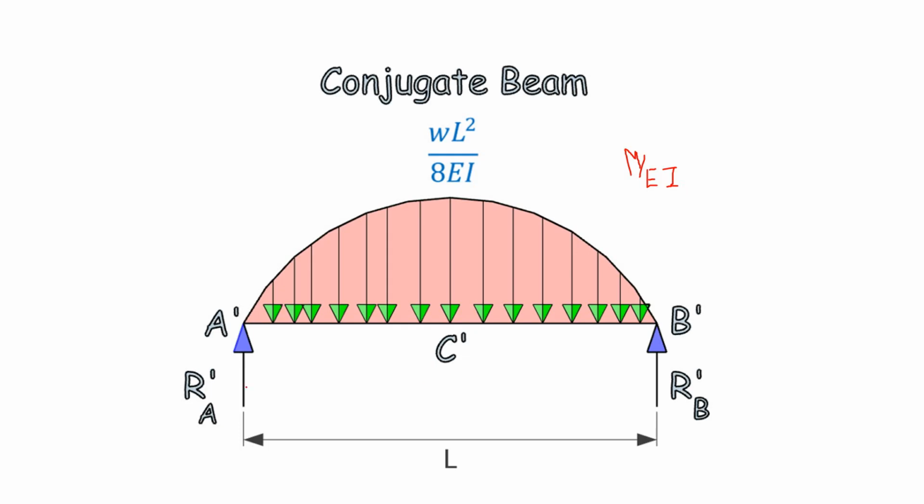I will be finding only the reaction at point A dash, the reaction at point B dash, and also at the center I will calculate the moment MC dash. So only I will be calculating this, nothing more than that.